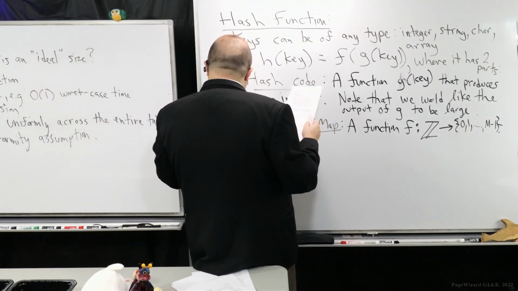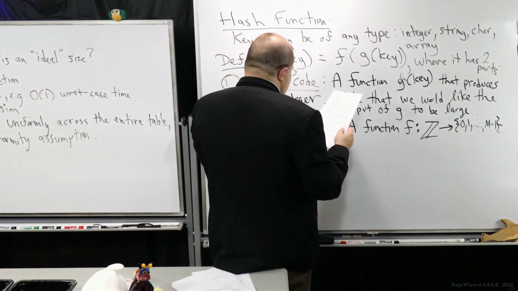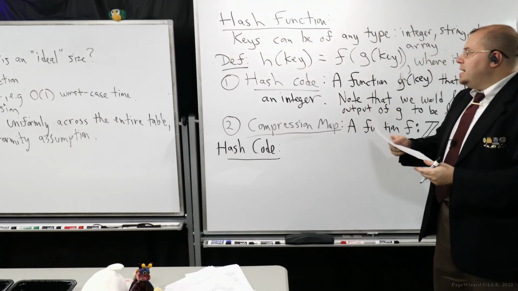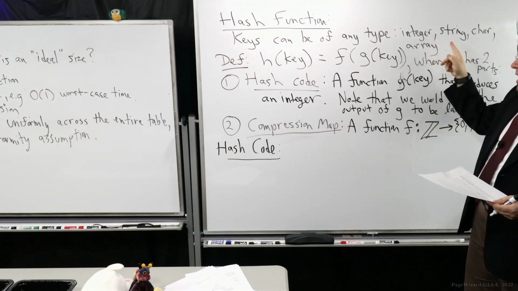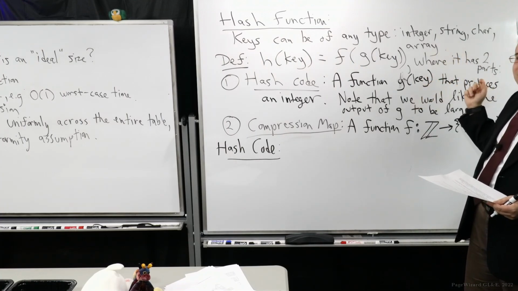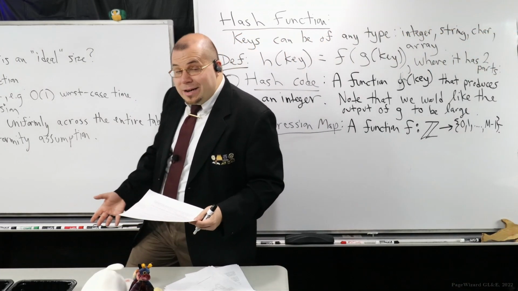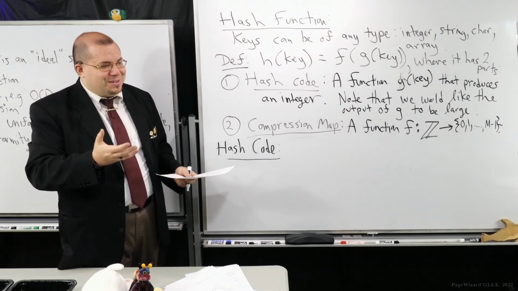So I thought it would be a good idea we kind of keep things simple here. So I must stress, as I said, it's possible that the key might be a string. But remember, the hash code takes in the key and it produces an integer. So that means we need some way to convert some type that we have to an integer. That's kind of critical for this whole thing to work.